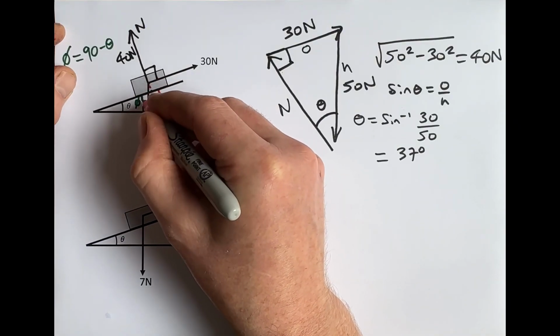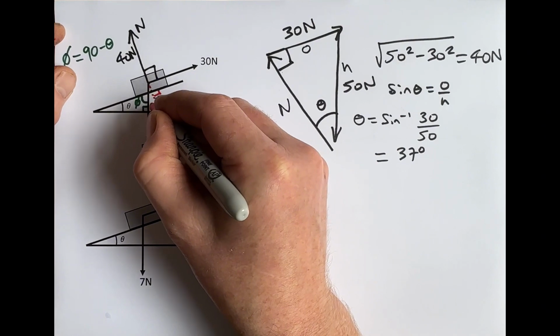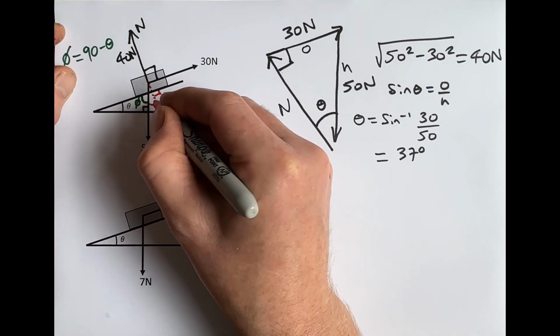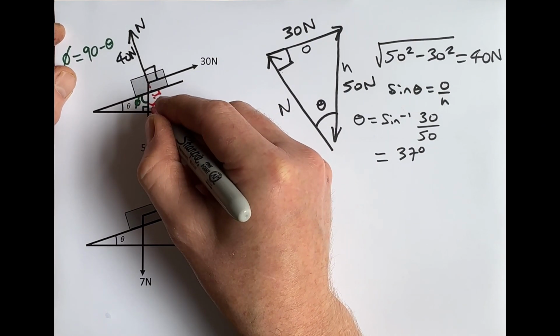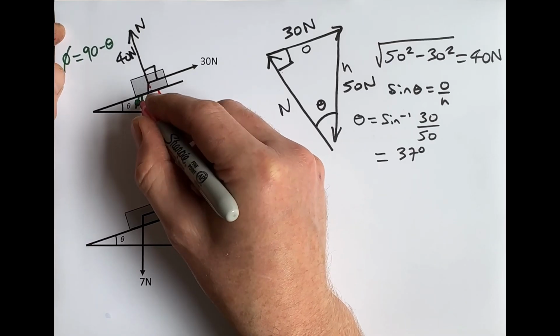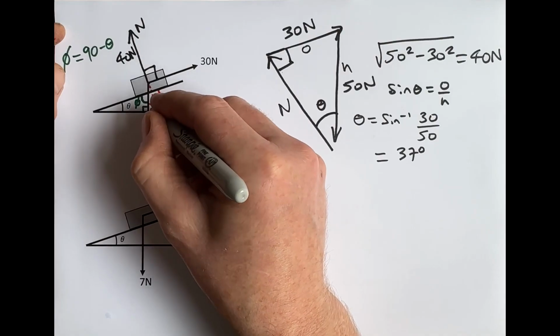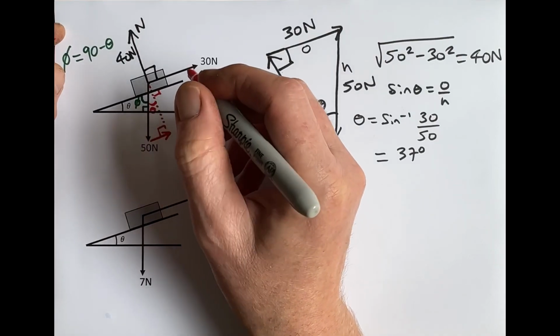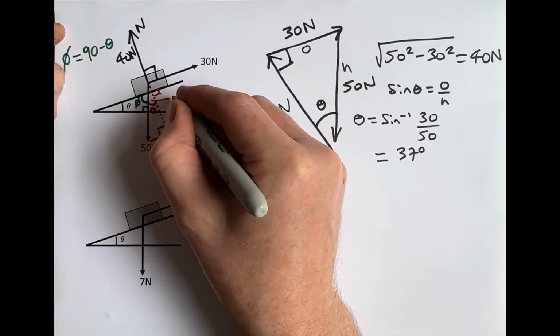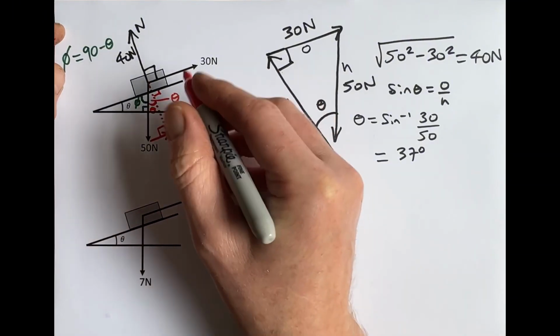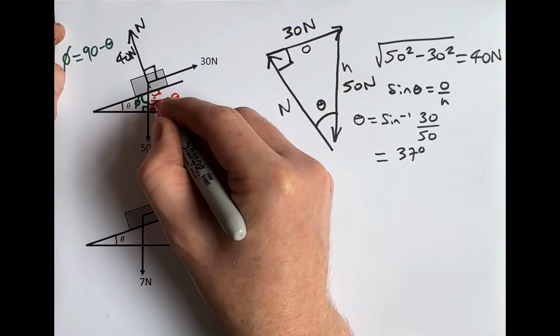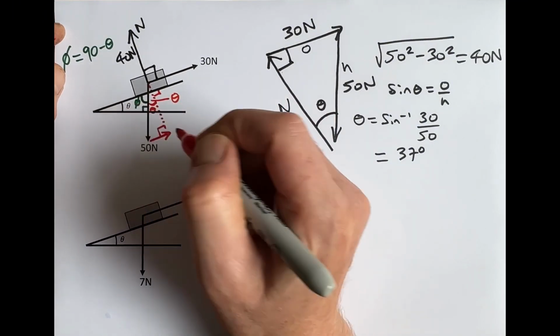If that's 90 in total, then this angle here must be 90 minus phi, which is theta. So that angle there must be theta, okay?